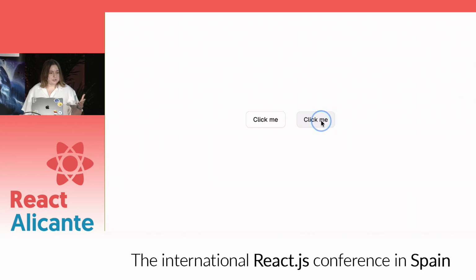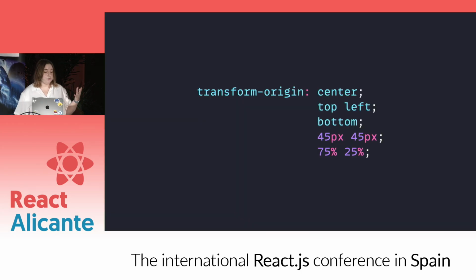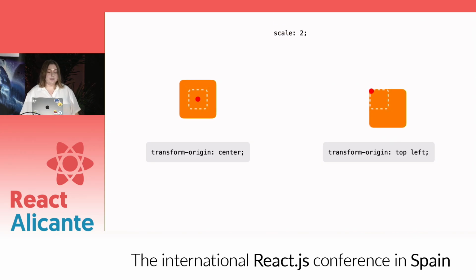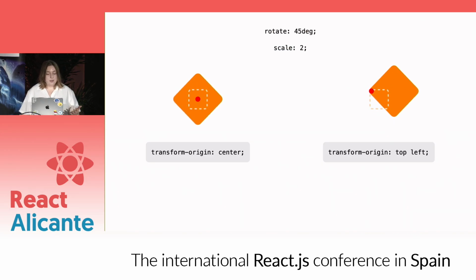One really powerful feature of transforms is transform origin, which allows us to define the pivot point around which the transformation happens. By default, it is in the center, but we can move it to any specific position on the element or even outside it, and then transform relative to that position.